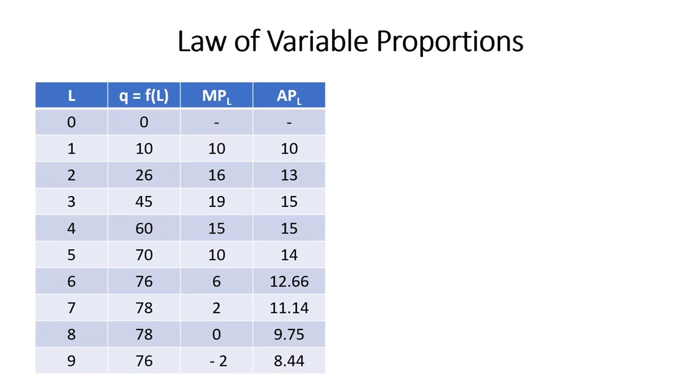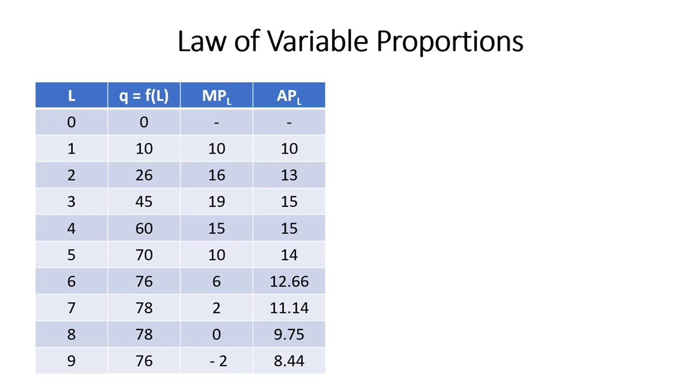Here we assume a firm which has a certain fixed unit of capital. However, it is employing more and more laborers. At 0 units of labor, its output is 0. It employed 1 unit of labor, output reached 10. Employing 2 units of labor, output reached 26.